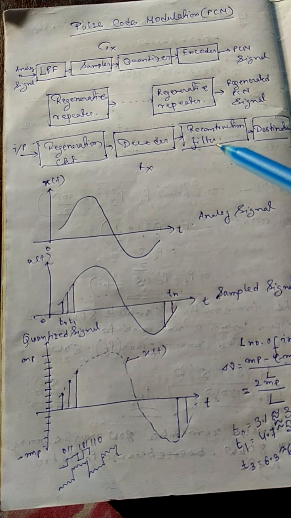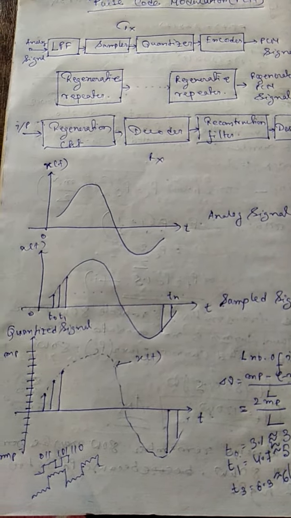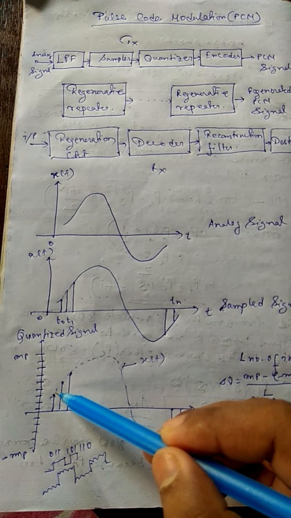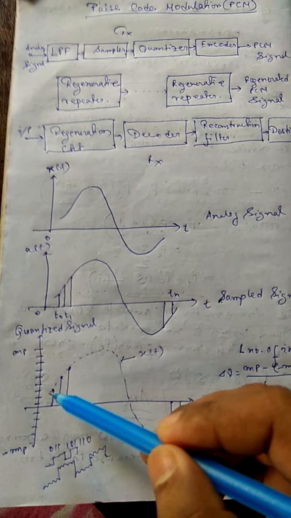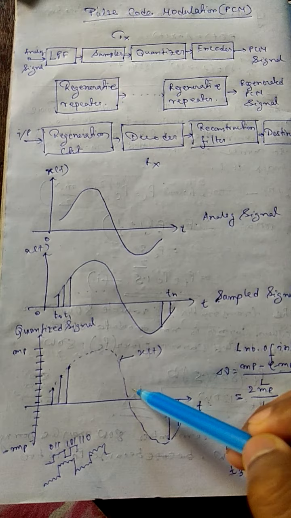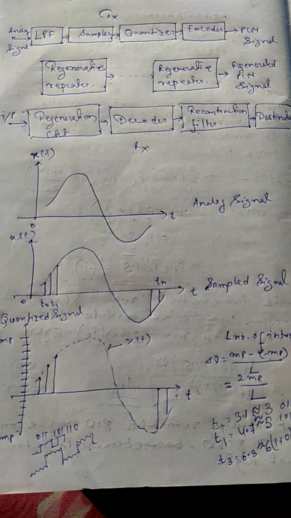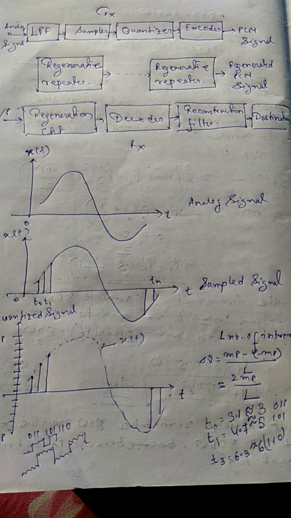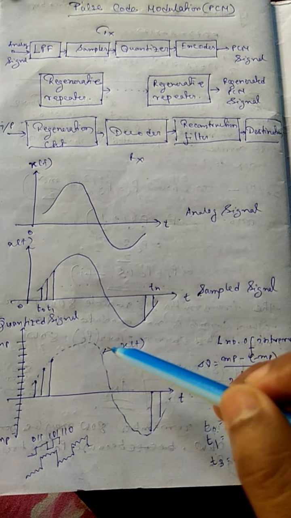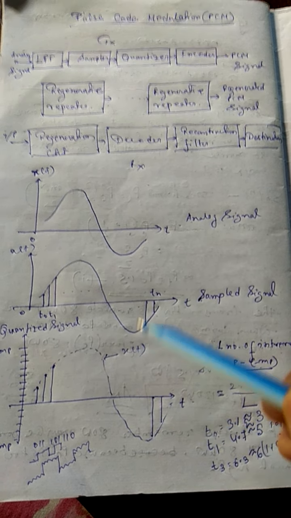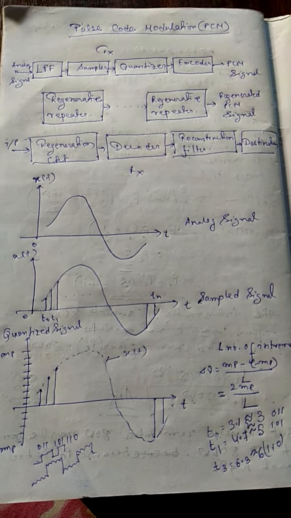After that we use the reconstruction filter. Basically, if there are samples 3, 4, 5, 6 and so on, then if we connect them, the signal becomes too distorted, and there may be some noise. With the help of the reconstruction filter we remove that unwanted waveform shape, and then we deliver the signal to the proper destination.